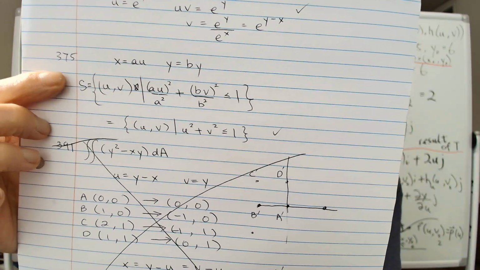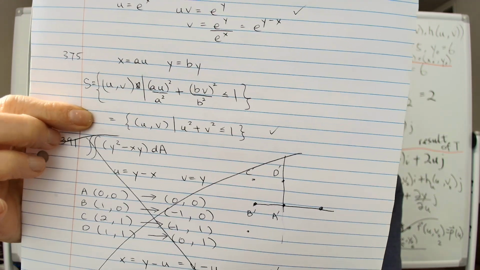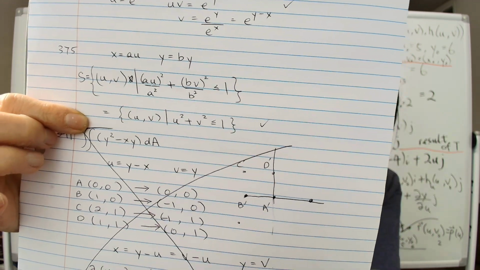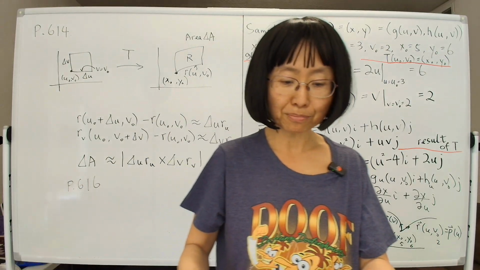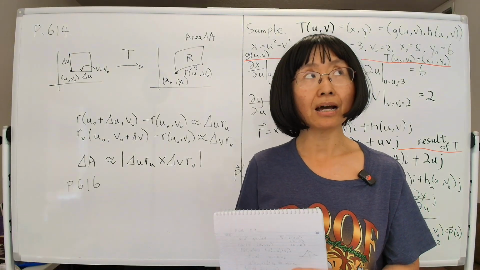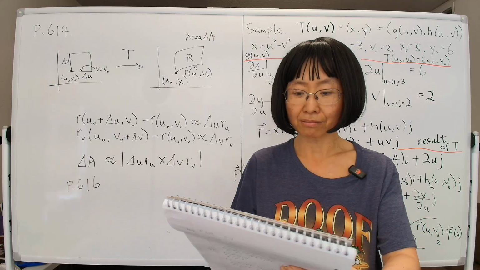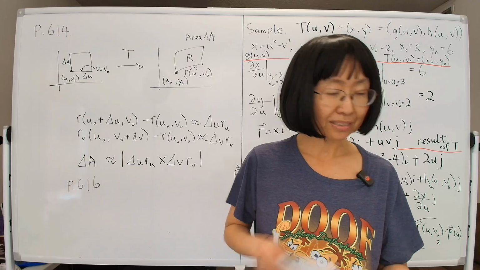Whatever. The point is you plug this thing in, and then you have U squared plus V squared equal to 1. That used to be the transformation; what happened is it used to be an ellipsoid, and now you got an ellipse, and now you got a circle. So that marks the end of this section.